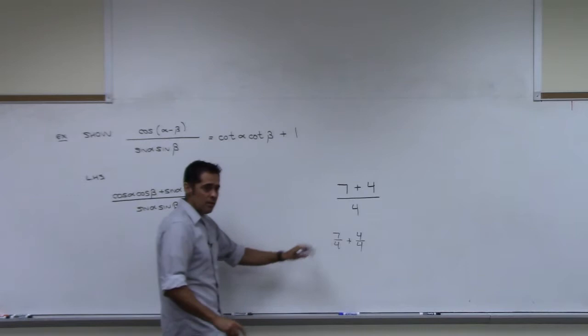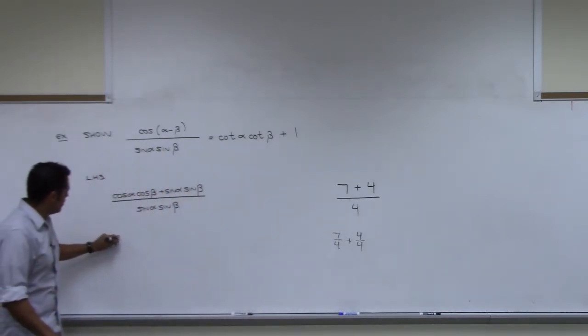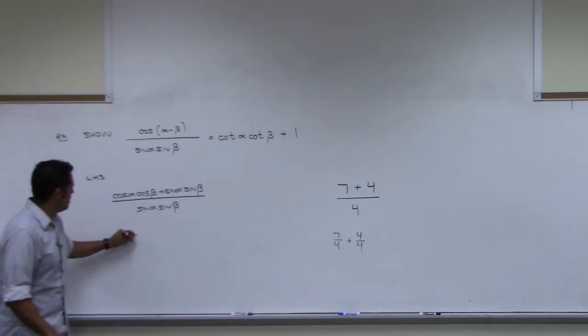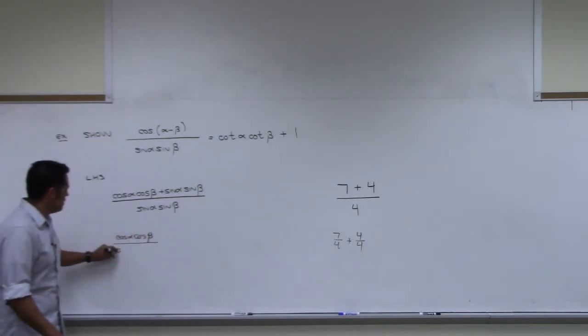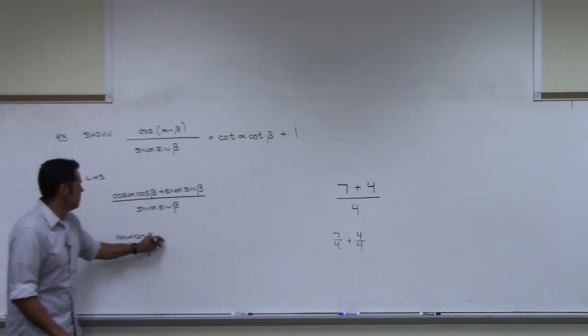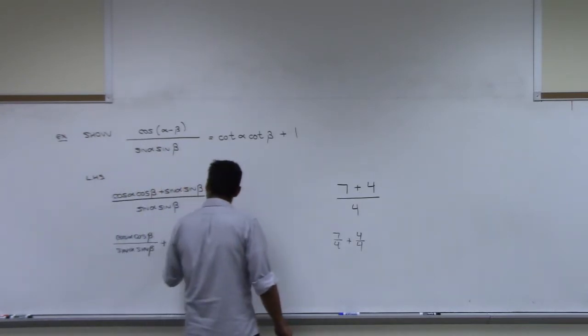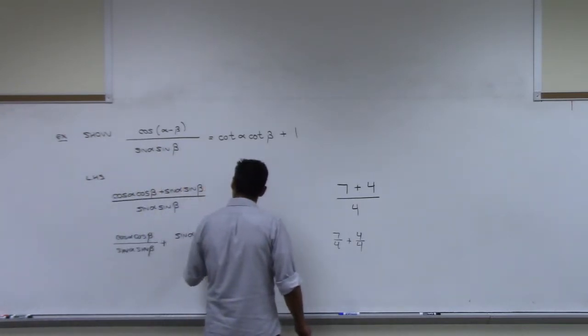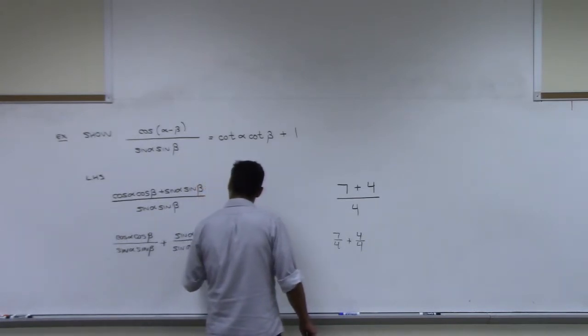All right, that's allowed. So that's what I'm going to do here. I'm going to split this into two. We're going to go cosine alpha cosine beta over sine alpha sine beta plus sine alpha sine beta over the same thing, sine alpha sine beta.